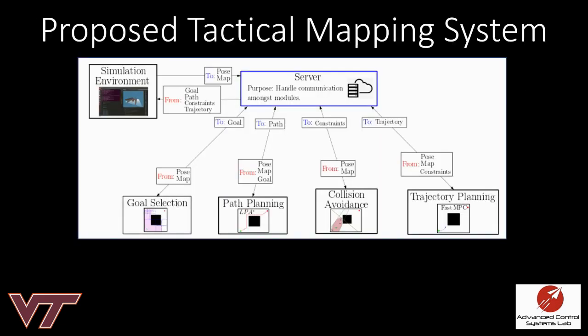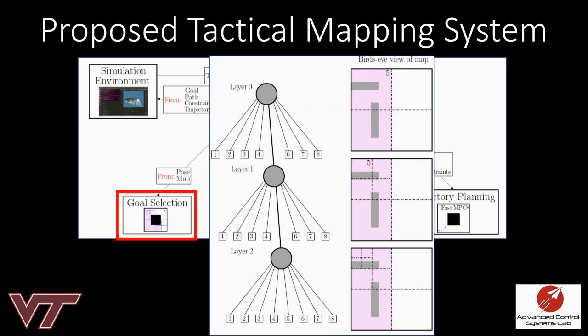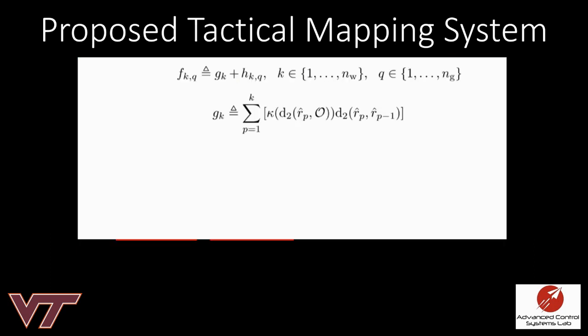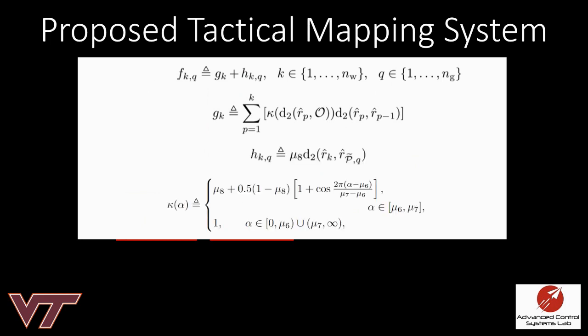The tactical mapping system is split into multiple modules. Upon receiving a pose and a voxel map, the goal selection algorithm, which is based on the octree technique, is designed to differentiate clusters of explored and unexplored voxels and select goal points among them. The path planning algorithm is based on the LPA* technique and employs a custom tunable cost-to-come function and heuristic function to enable tactical or reckless behaviors.